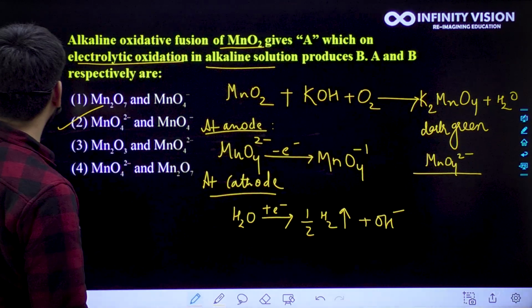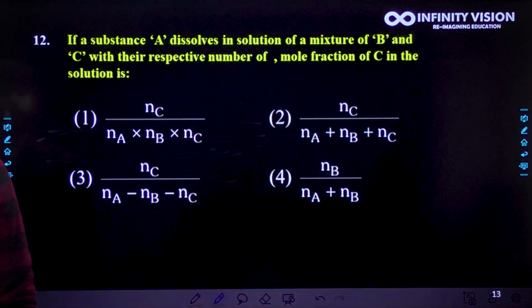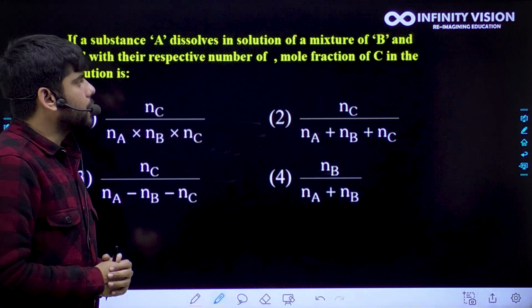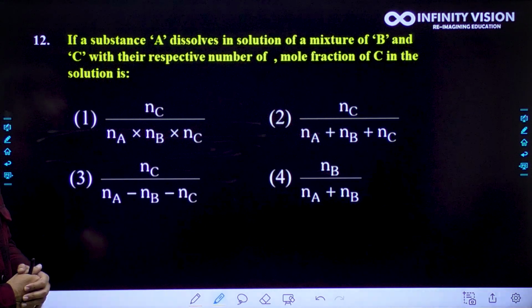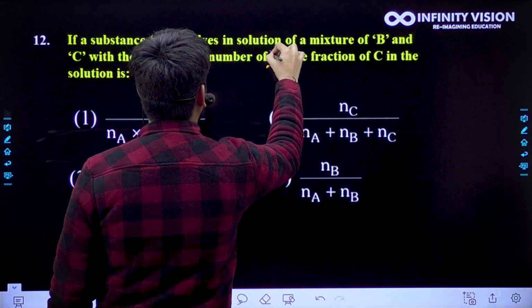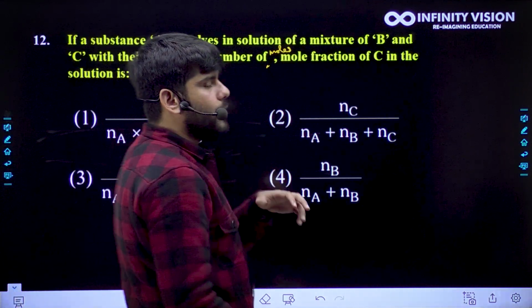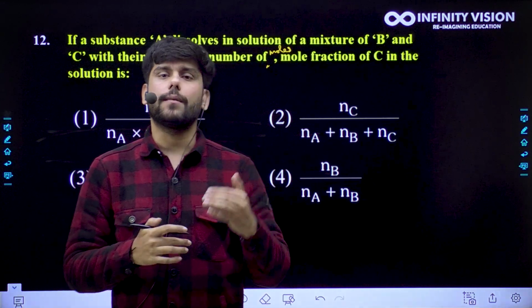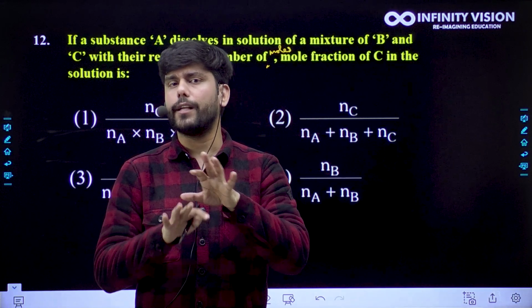Clear? All right. Let us discuss the next question. If a substance A dissolves in a solution of a mixture of B and C with their respective numbers of moles, then what is the mole fraction of C in the solution? Now we know that the mole fraction of any substance is equal to the moles of that substance divided by the total number of moles.